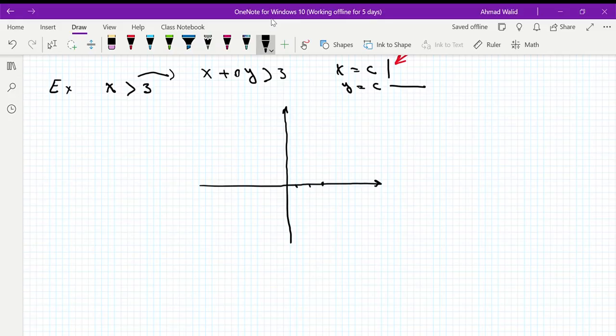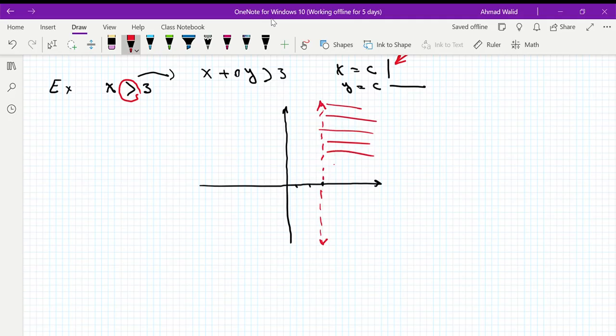At 3, draw a vertical line. You are dealing with greater than, then draw a vertical dashed line like this. Now, which side to shade? Greater than, the right side. Correct? And you are done.